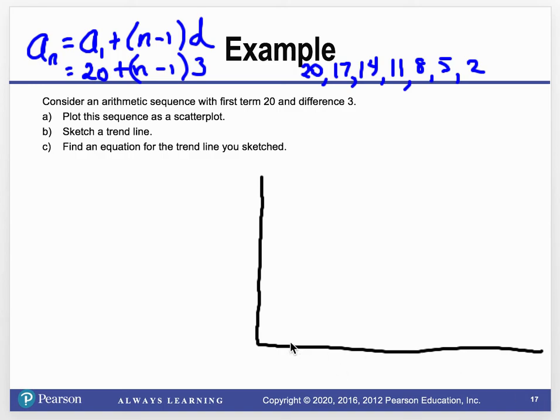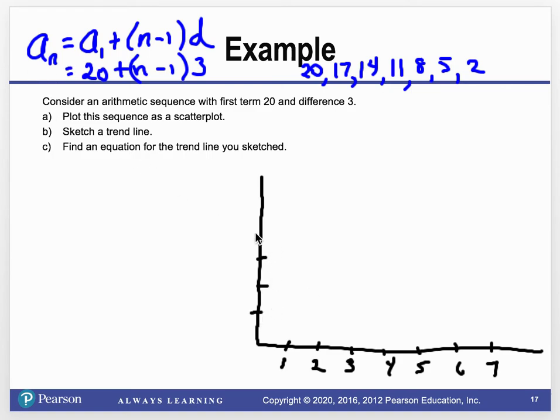So I could come over here. What did we wind up with? 1, 2, 3, 4, 5, 6, 7. So this would be when n is 1, when n is 2, when n is 3, when n is 7. I could also get those values by plugging in up here.